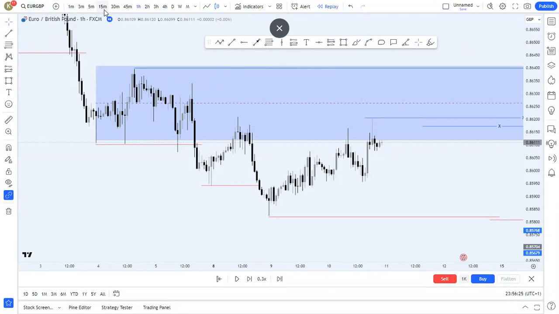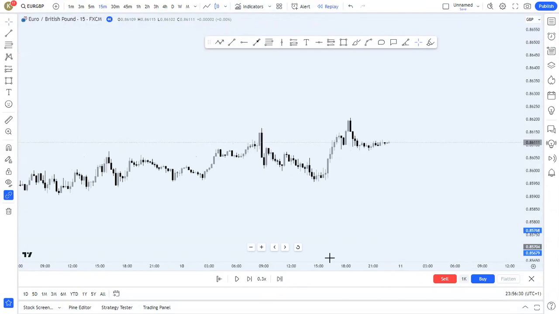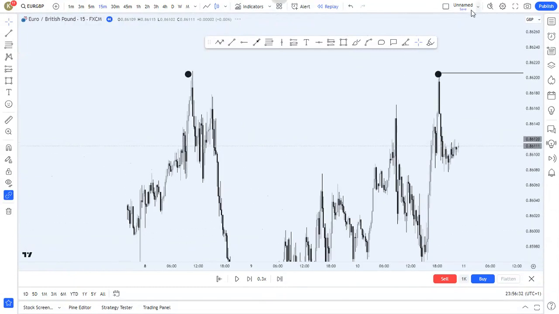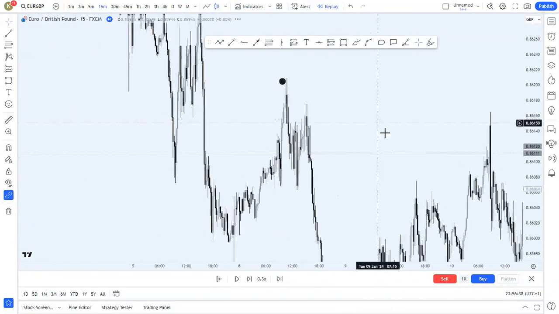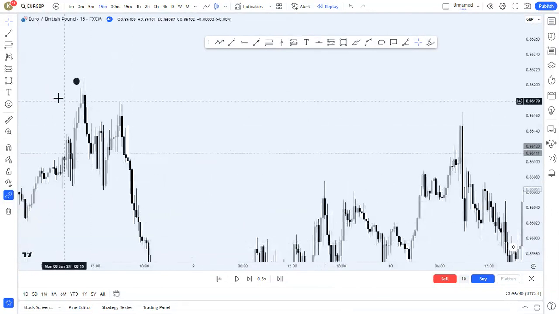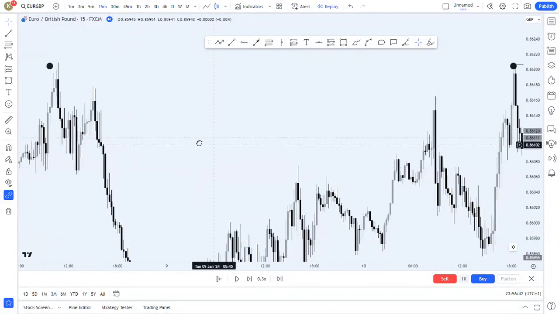So all we have to do is go to the 15 minutes chart and see for ourselves if that's following up. So what happened on the 15? Let's look at it.